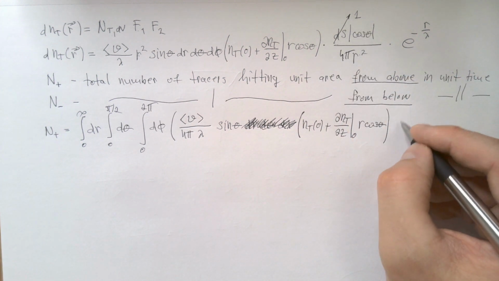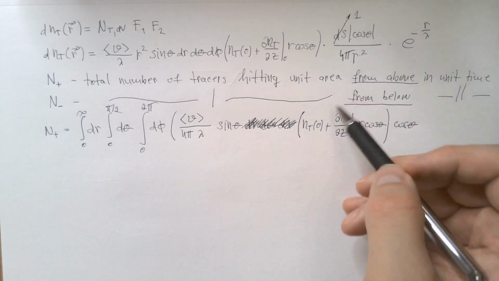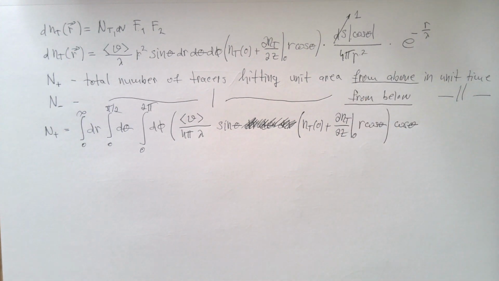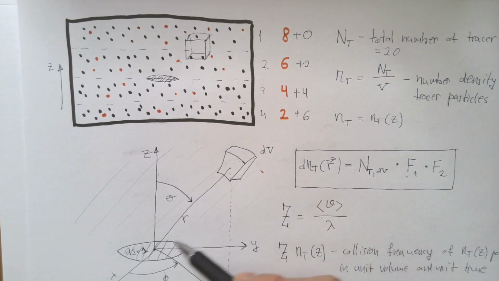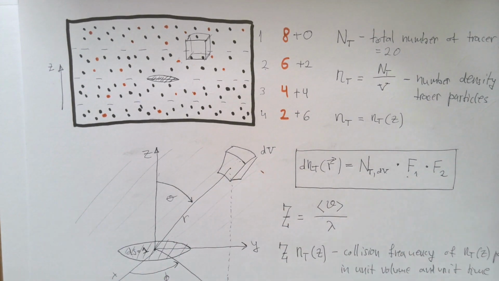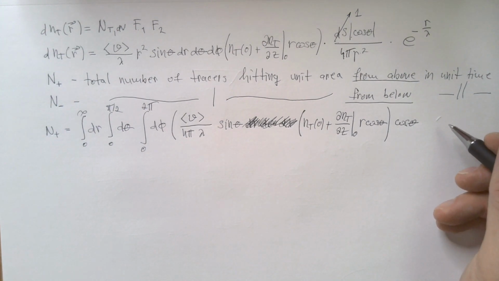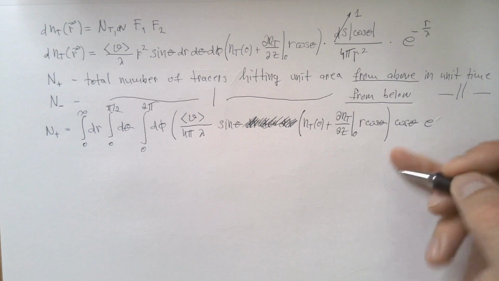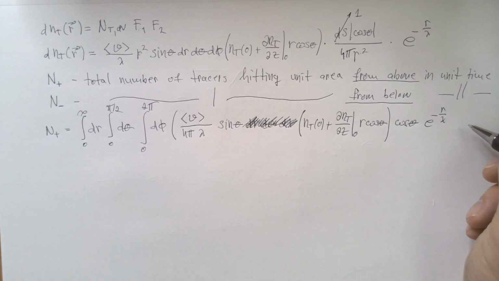So I will have here cosine theta. And I don't have to keep now the absolute value because I'm here in the positive part of angle theta. So I can just remove the absolute value. And finally, I have e to negative r over lambda. Very well.